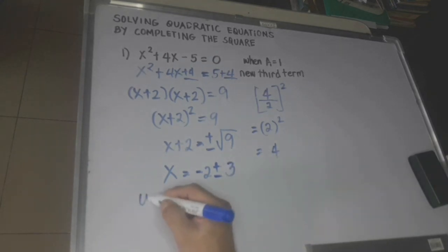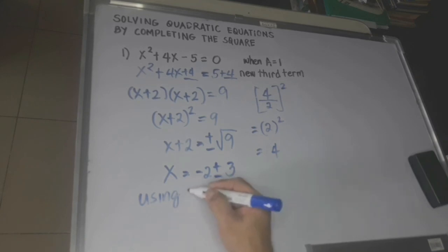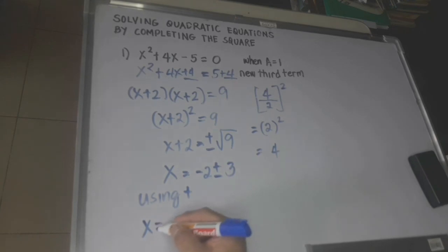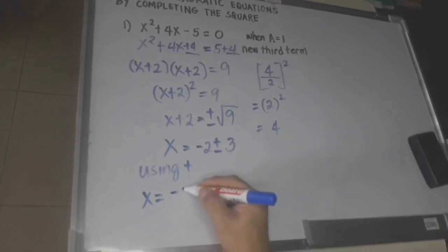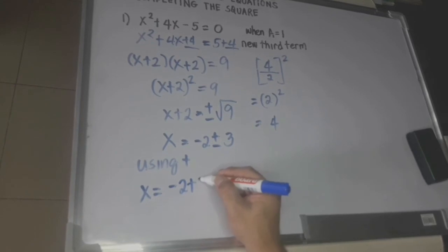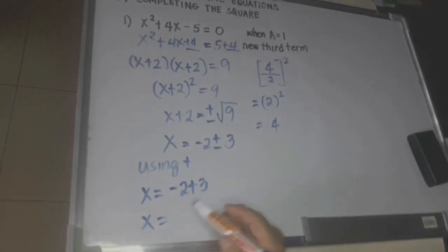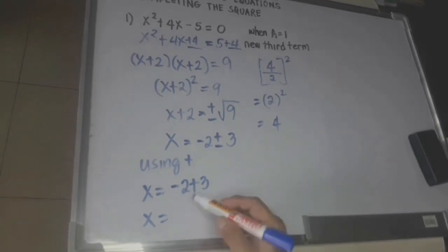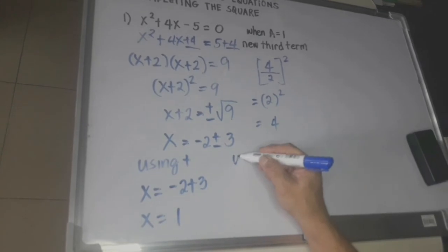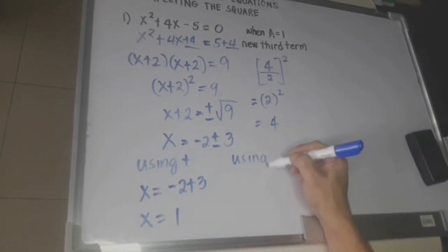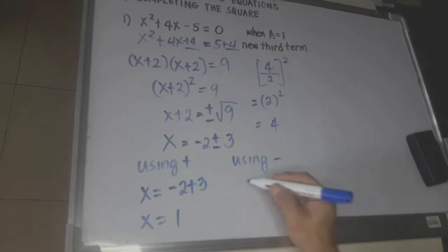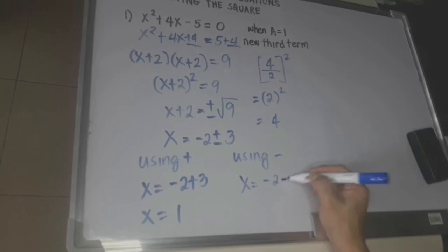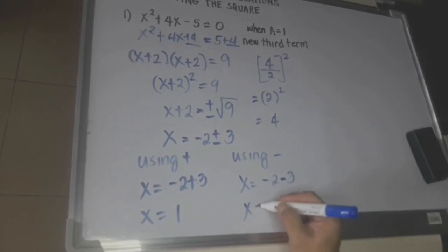So, using the plus sign, x now equals negative 2 plus 3. Since the numbers here have different signs, subtract the numbers. 3 minus 2 is 1. Another, using the negative sign, x equals negative 2 minus 3.